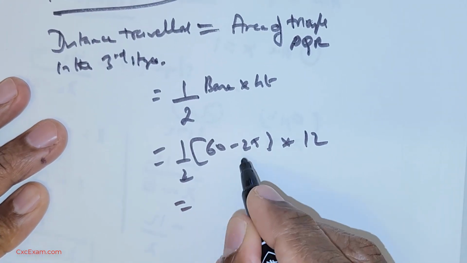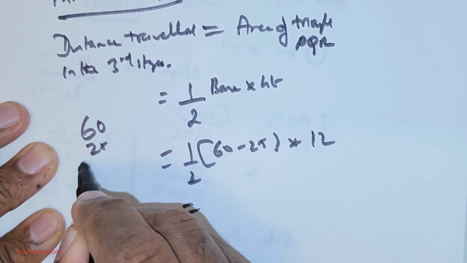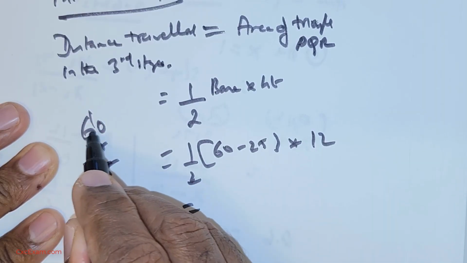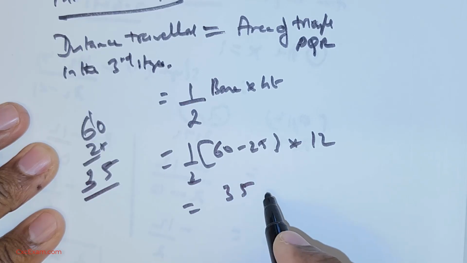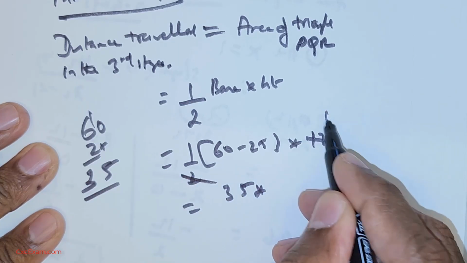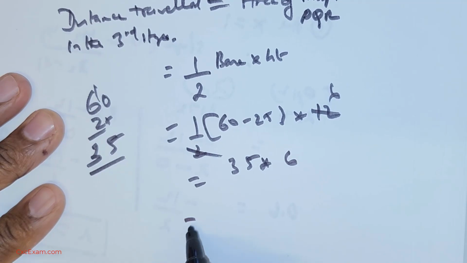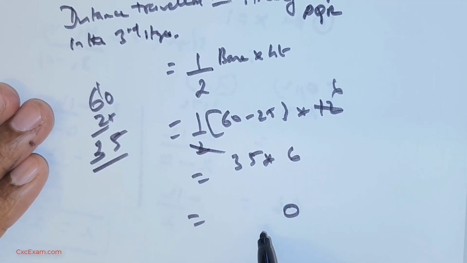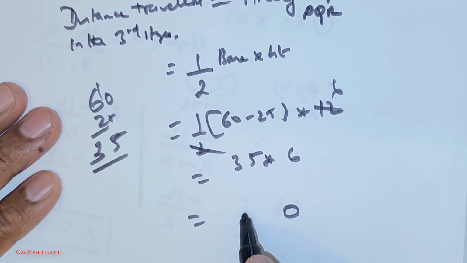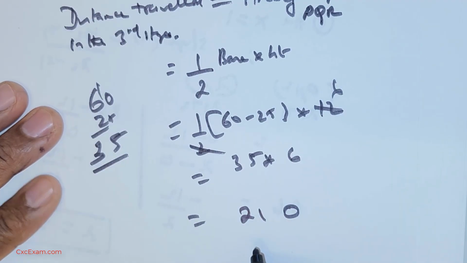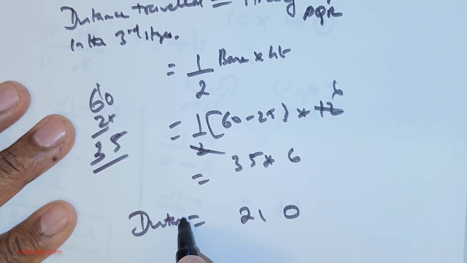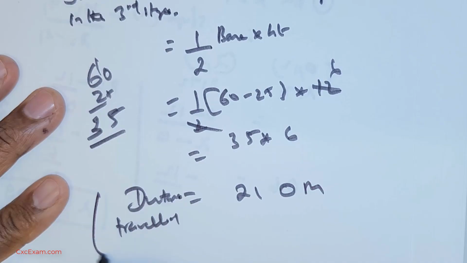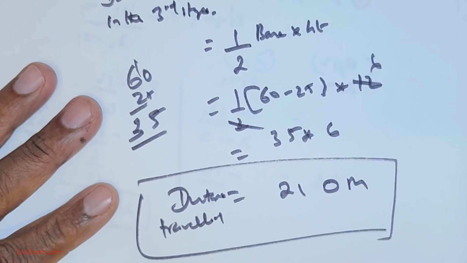So from 60 you take away 25, what do you get? 35. Half times 12 is 6, and 6 times 35 is 210. So distance traveled is 210 meters. So that's the final part of this question.